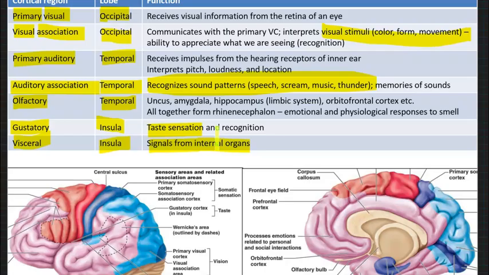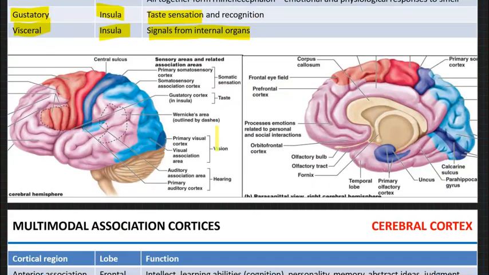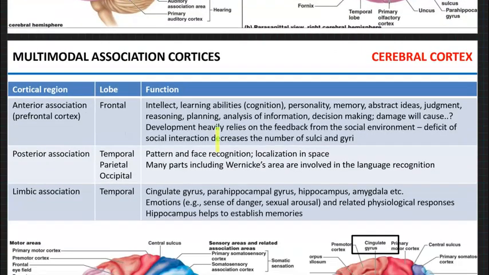If you're a scavenger, having a really good sense of smell may be a disadvantage, because this can stink, and the taste may not be great. Although if you think about the dogs, I think ours enjoys smelling poop the most. I don't understand that. Okay? So now we're going to shift to multimodal association cortices, and they are effectively what makes you you.